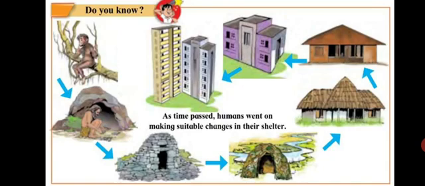Later, stones were used for construction. Then, thatched roofs came. Bricks were used later. Then, buildings. So, we can see how man made progress not only in his physical appearance but also in his eating habits, his shelter as well.